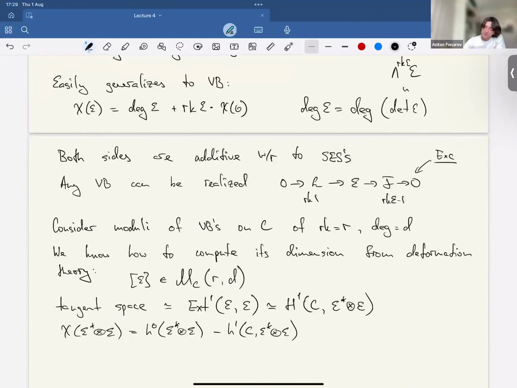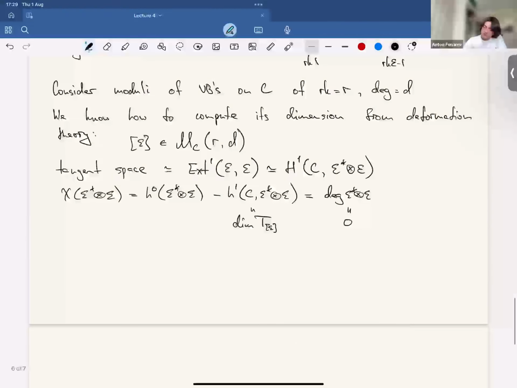And now this is specifically the dimension of the space that we're looking at. Where do we move from here? From here, we know, first of all, that this is the dimension of the tangent space at E. And this equals the degree of E dual tensor E. But the degree of E dual tensor E is, as you might guess, 0.